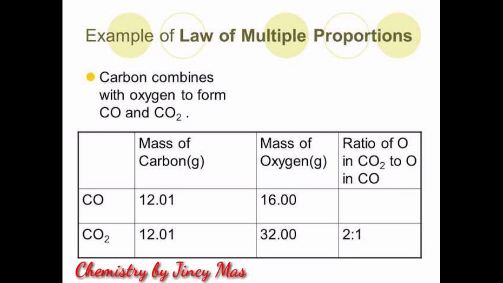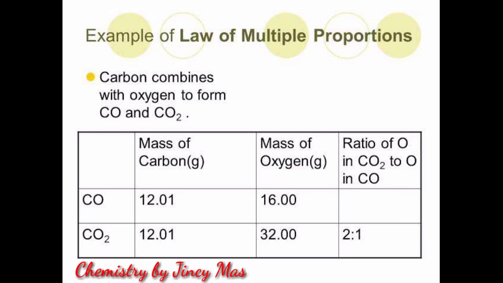In carbon monoxide, there is only 1 carbon and 1 oxygen. So the mass of carbon is 12.01 and the mass of oxygen is 16. In the case of carbon dioxide, there is 1 carbon and 2 oxygen atoms. So the mass of carbon is 12.01, the same, and the mass of oxygen is 16 into 2, 32.